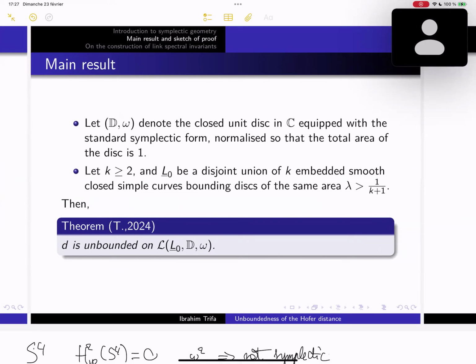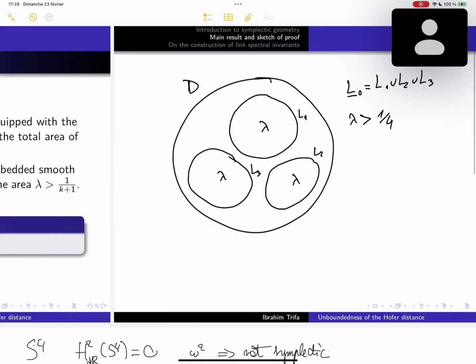And we take an integer k greater or equal to 2 and we consider a disjoint union of k embedded smooth closed curves bounding disks that all have the same area, lambda greater than 1 over k plus 1. So I drew a picture here.